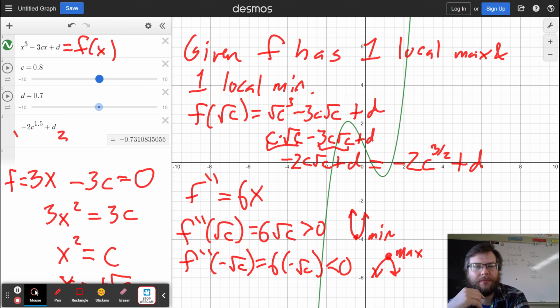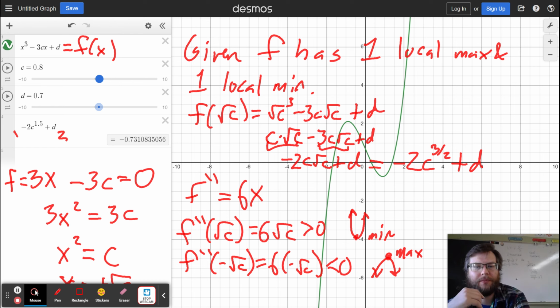The point that I'm trying to get at is there is a range of d values in between negative 2c to the 3 halves and positive 2c to the 3 halves where you're going to have 3 x-intercepts.